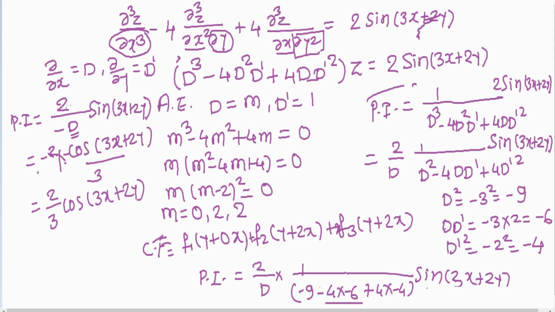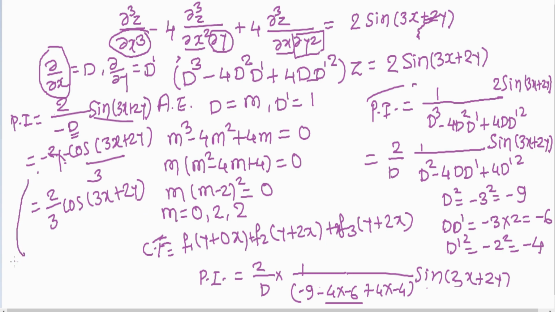Hence the particular integral is 2 divided by minus D sine of (3x plus 2y). 1 by D means integration, D is ∂/∂x, and therefore we have to integrate with respect to x. Integration of sine is minus cos of (3x plus 2y) divided by 3. This minus and this minus will be plus, so we get 2 divided by 3 cos of (3x plus 2y).